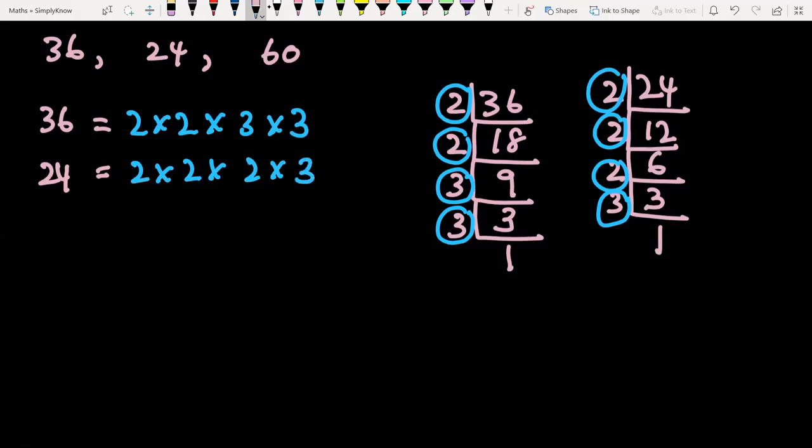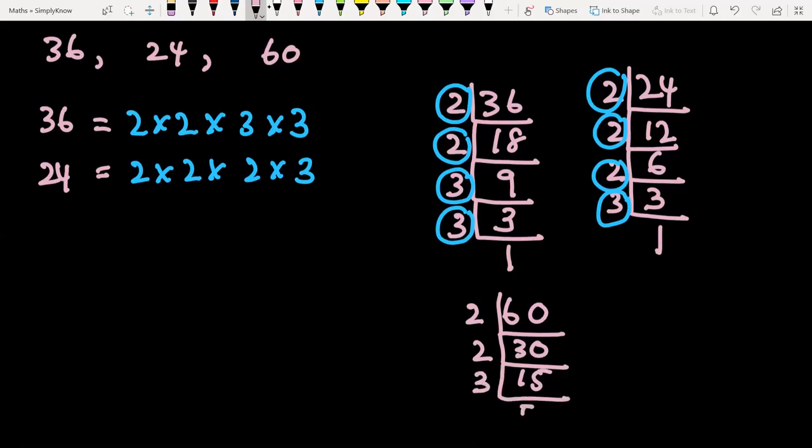Now let's find out the prime factors of 60. 60 is divisible by 2. 2 times 30 is 60. 30 is divisible by 2. We get 15. 15 is not divisible by 2, but it is divisible by 3.